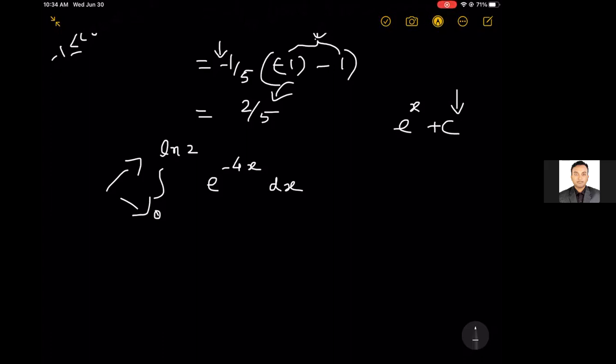You're spot on. But it's not exactly e to the x. We have something more, right? What can we do? What should we do? That means we have this e to the mx. Can anyone guess what would be the case?